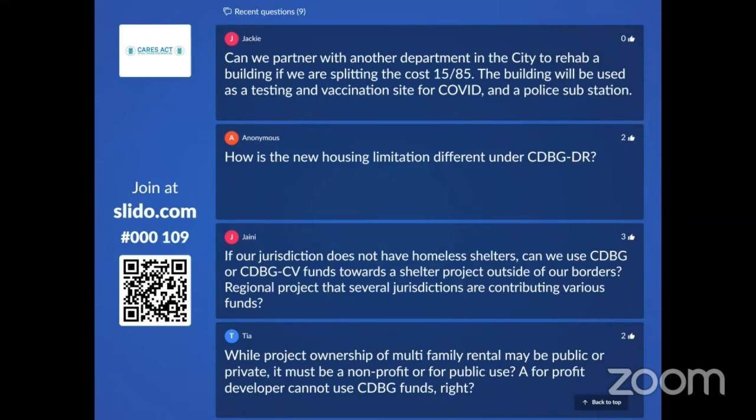This is one of those questions that will take more time because more information is needed. What department? Generally when grantees carry out activities, they can use another local public agency that they designate, which can be another department, to carry out an activity.